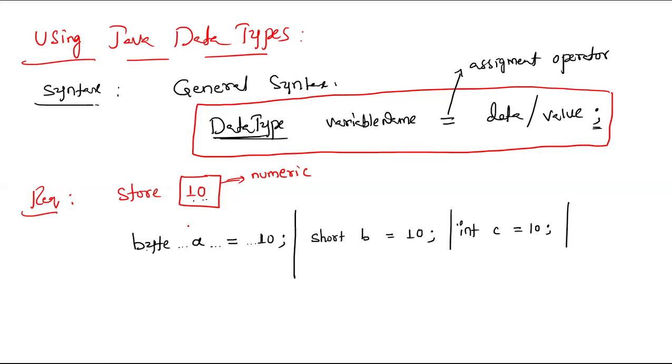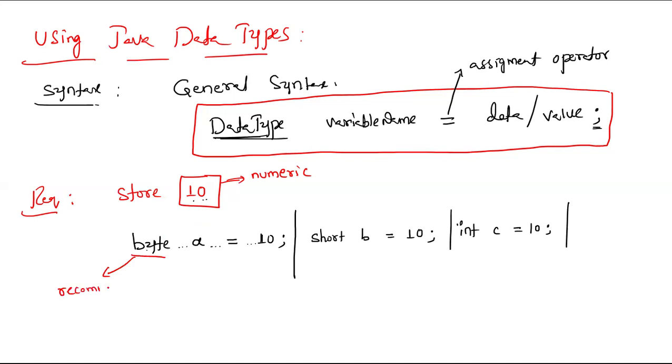That is how a best programmer's skill will be judged. In this scenario, which takes more memory? Byte takes 1 byte of memory in the RAM, short takes 2 bytes, and int consumes 4 bytes of memory. So the least consumption is the best option. That's why byte is recommended.